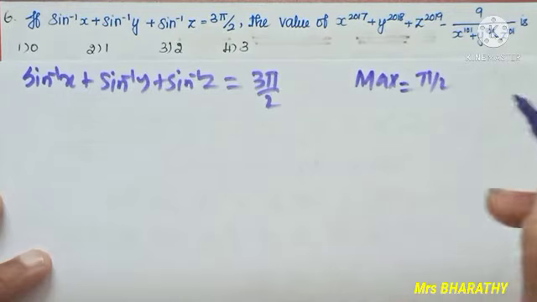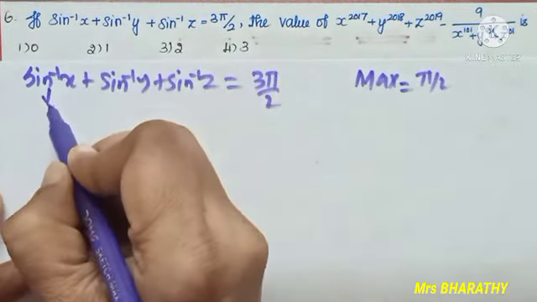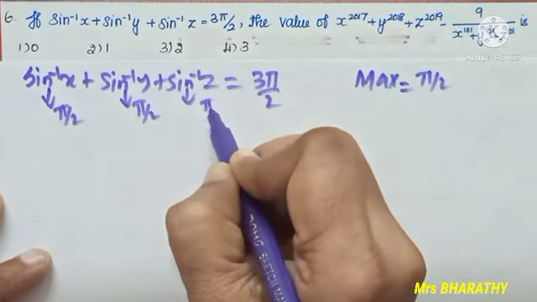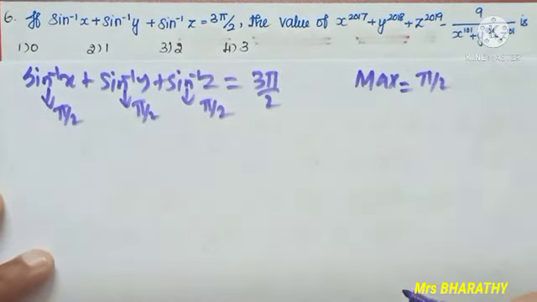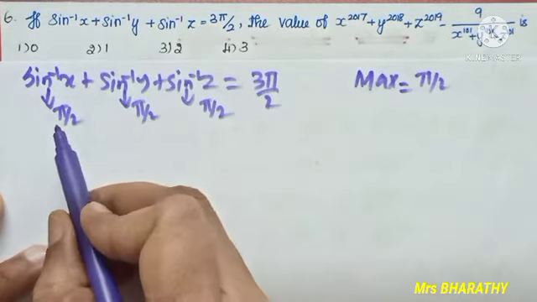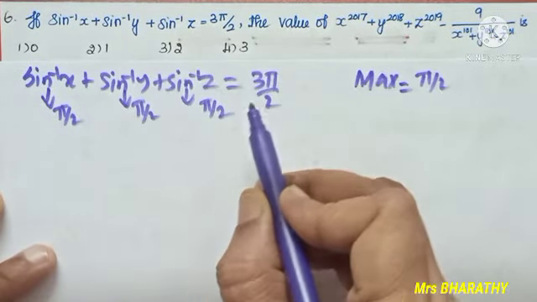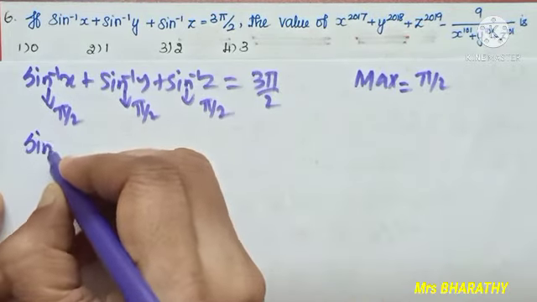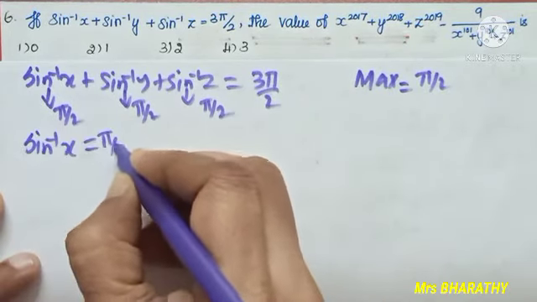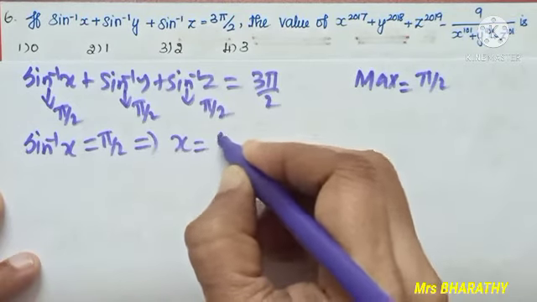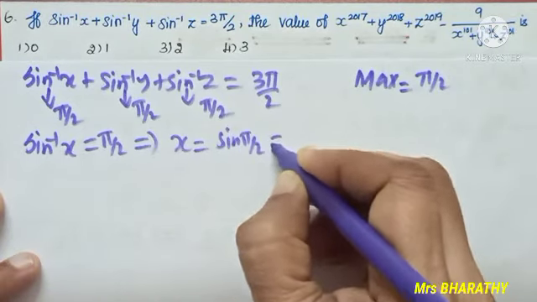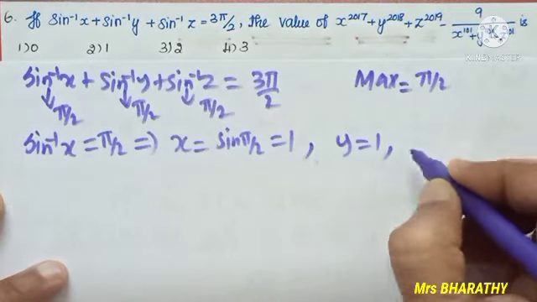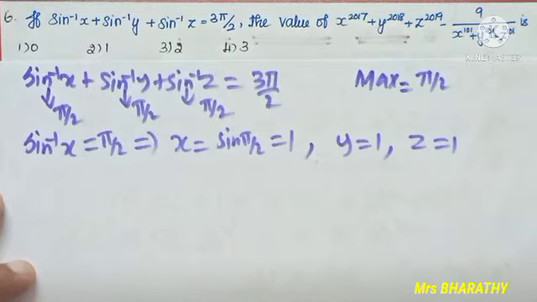So this must be pi by 2, this must be pi by 2, this must be pi by 2 at the maximum, to yield pi by 2 plus pi by 2 plus pi by 2 as 3 pi by 2. As I write sine inverse x is pi by 2, I get x is equal to sine pi by 2, that is 1. Similarly, y is equal to 1 and z is equal to 1.